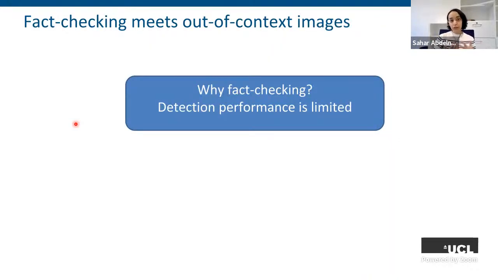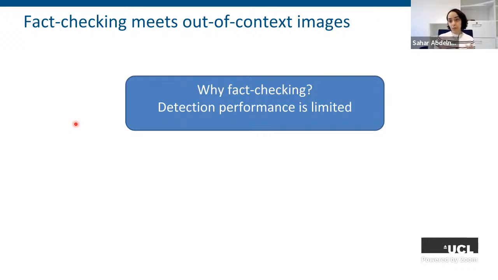So we want to integrate fact-checking with the task of detecting out-of-context images. The motivation behind that is that the original benchmark, or the original paper, has shown that the detection performance of both machines and humans is very limited, and the task is actually very challenging, even given the constructed synthetic dataset that they propose.